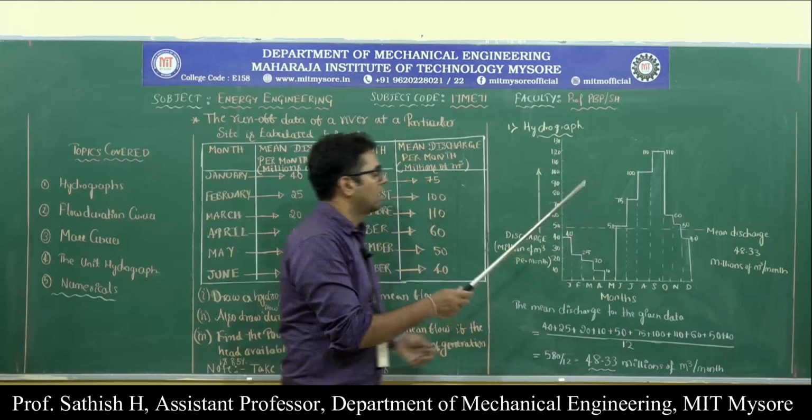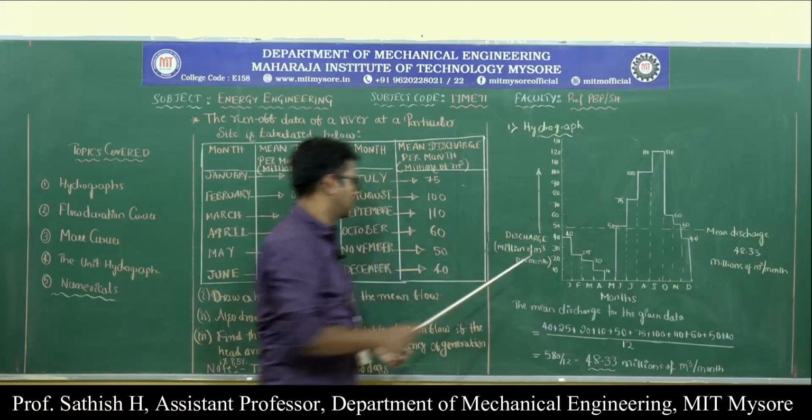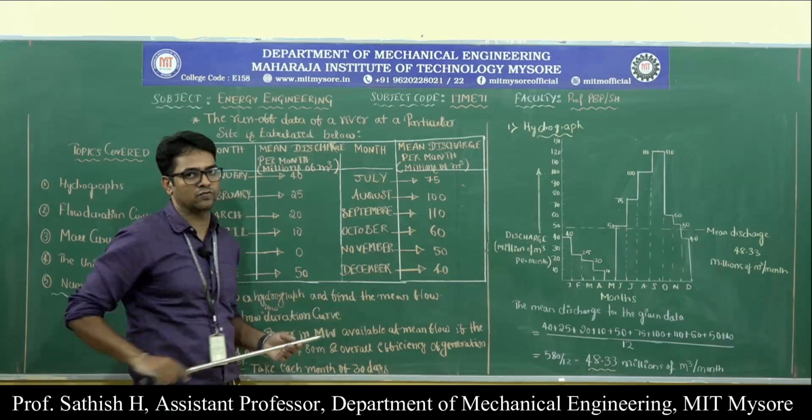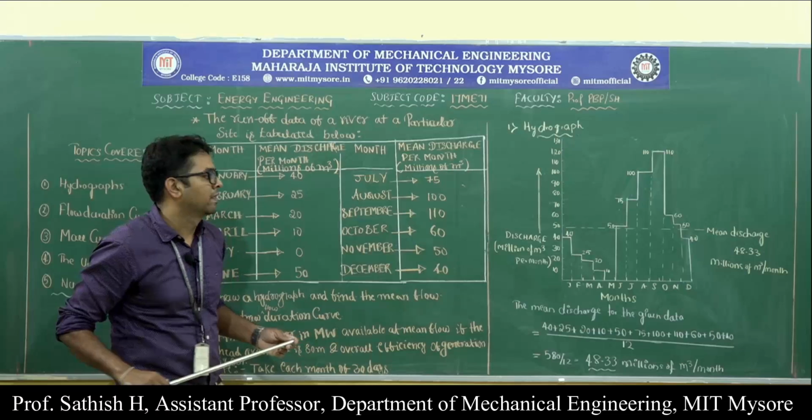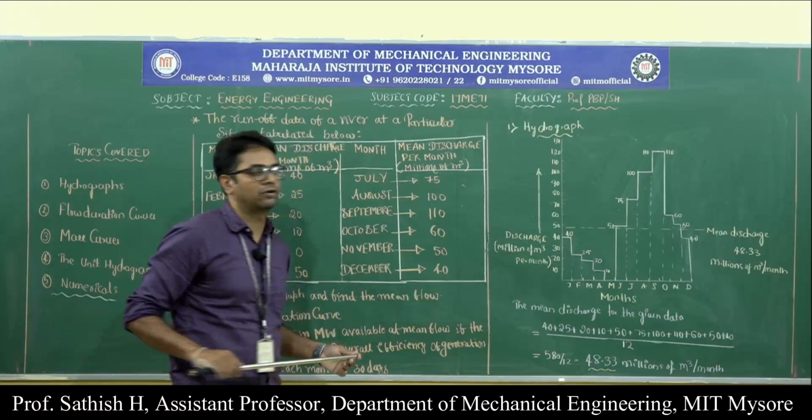Obviously we need only up to 110, because the maximum flow available in September is 110. After this, we have to plot the graph.